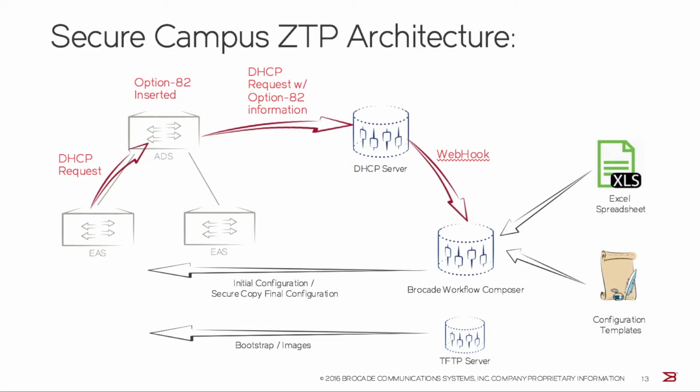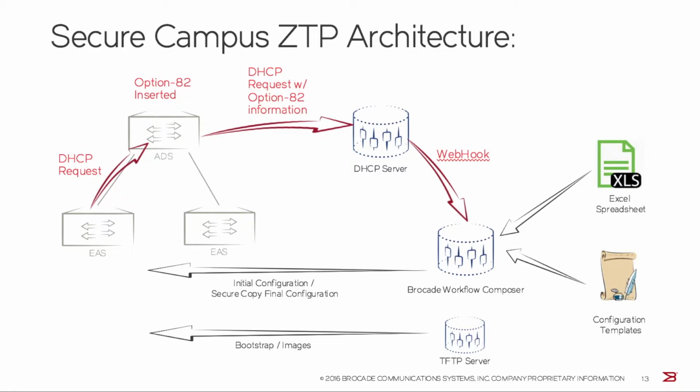This DHCP request with option 82 information contains the port and the core distribution switch, or optional subscriber ID, to signify which AES, or the location of the AES, is looking for a configuration.